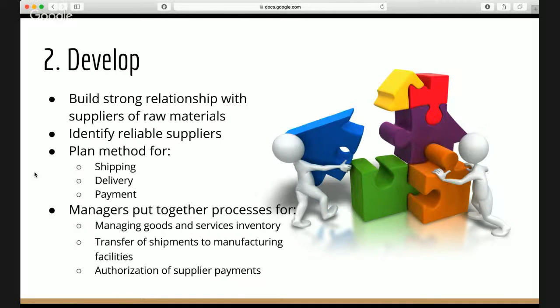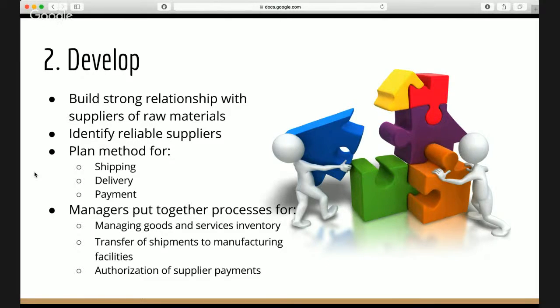So they develop systems of deliveries for these raw materials so they can be assembled and produced. And then the managers will put together processes for managing these goods, as well as the transfer of shipments to their manufacturing facilities, and they'll go through authorization processes of supplier payments.